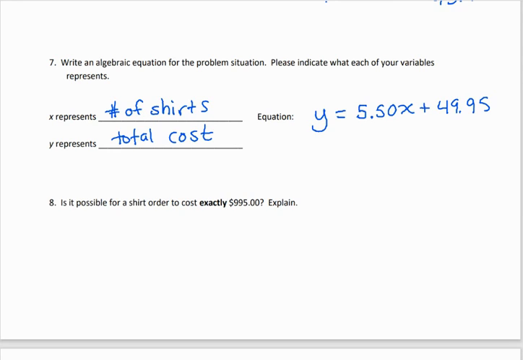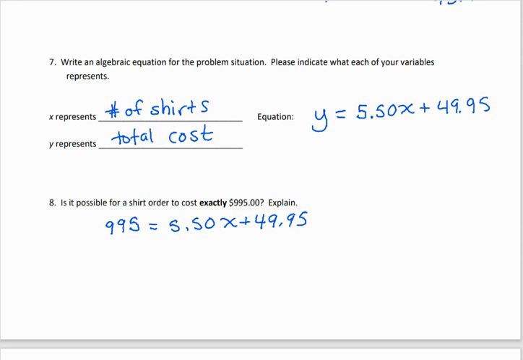All right, is it possible for a shirt order to cost exactly $9.95? Well, we're just going to plug it in and solve, right? So my equation says y equals, or you can do equals y. So I'm plugging in the money for y, and then I'm going to solve for x.